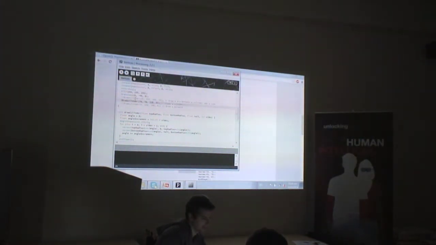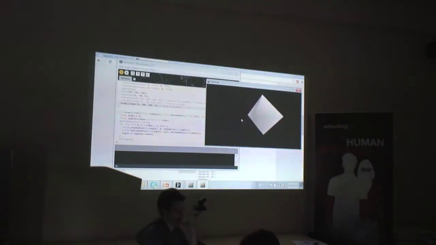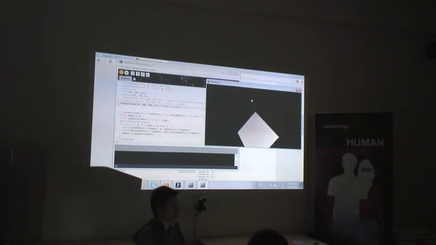And we can also draw a pyramid just by saying, okay, make the top a radius of 0.